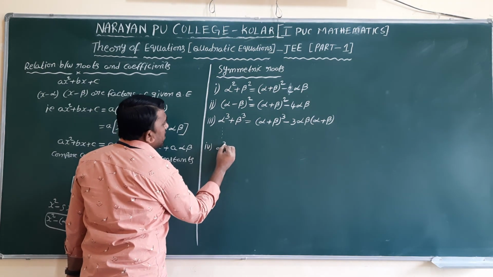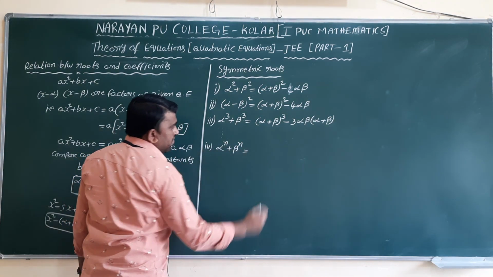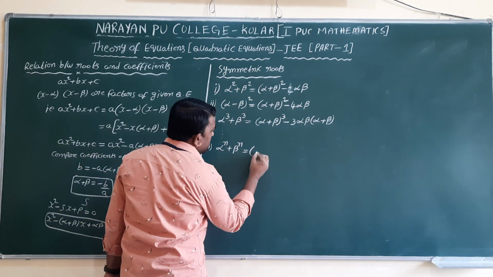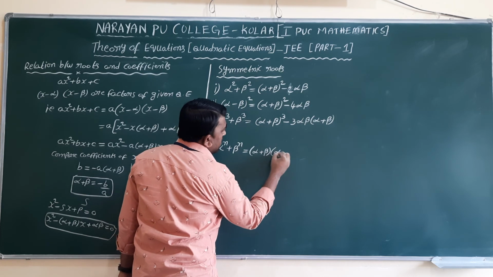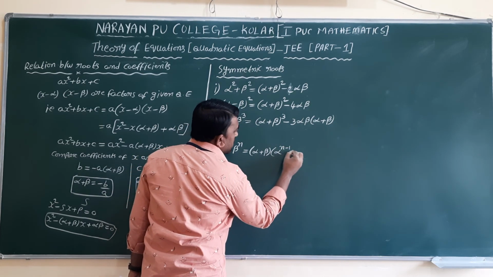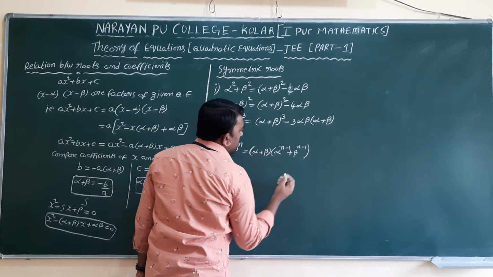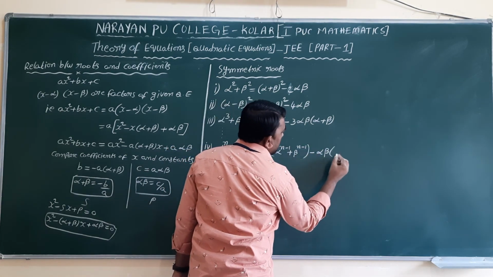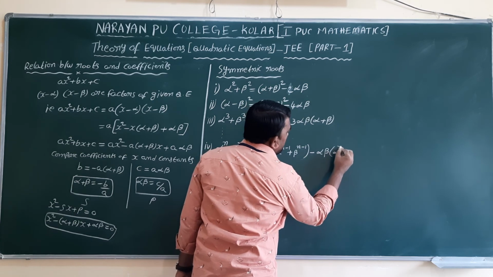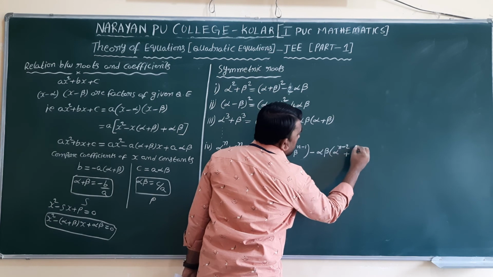Suppose alpha power n plus beta power n, if you want to calculate: alpha plus beta into alpha power n minus 1 plus beta power n minus 1, minus alpha beta into alpha power n minus 2 plus beta power n minus 2.